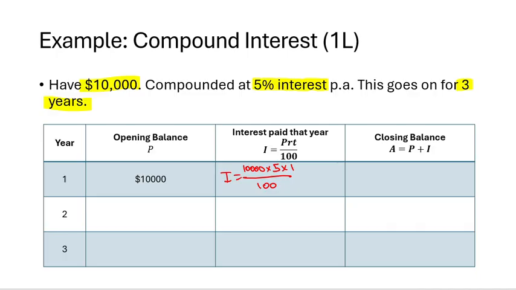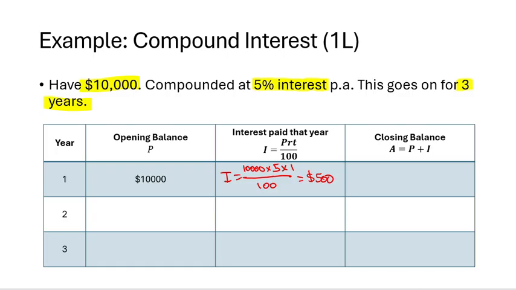It's not based on the whole duration anymore. It's based on the one single year or the period. So you always multiply it by one. This is the key point right here. Multiplying by one, very important. And obviously, when you work that out, you just get $500.